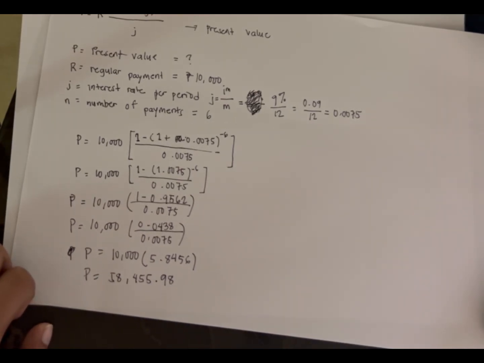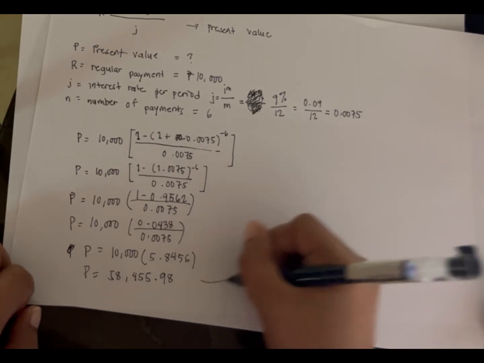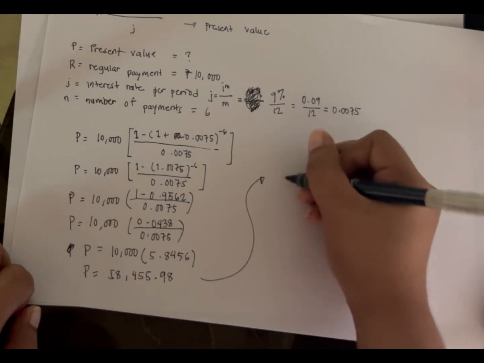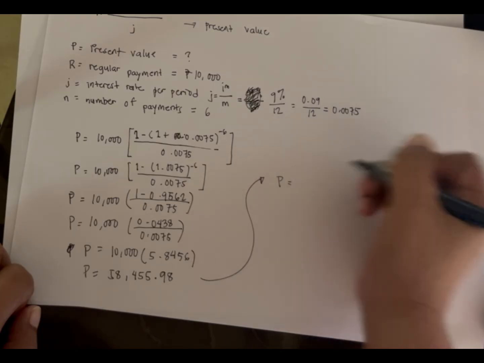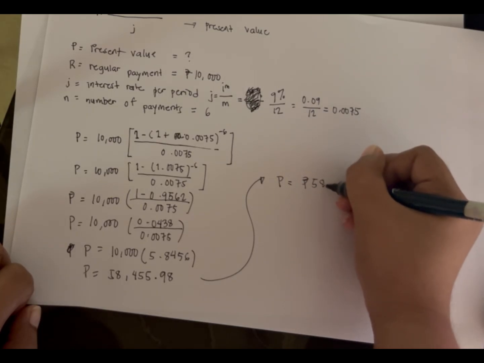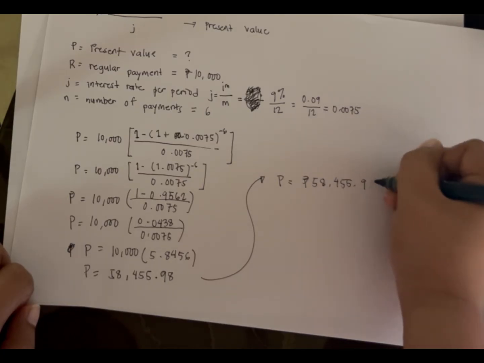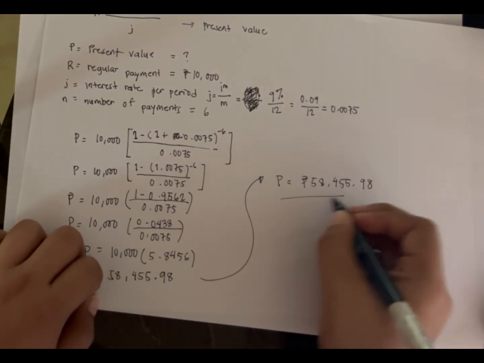Ibig sabihin, the present value ng kanilang savings para sa kanilang pamilya is 58,455.98 pesos. Okay. So the final answer, the present value is equal to 58,455.98 pesos.